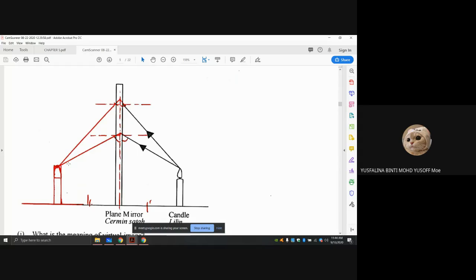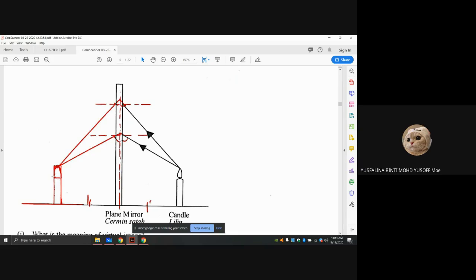Then you draw the line here. For the second one it's also the same: from here until it reaches the center of the mirror, then you estimate the angle, make sure the angle is the same, and reflect it back here.